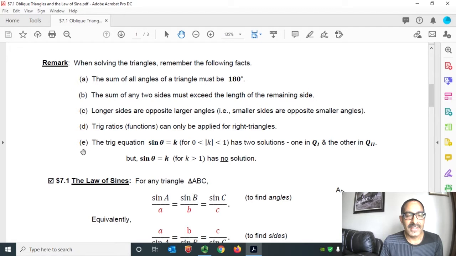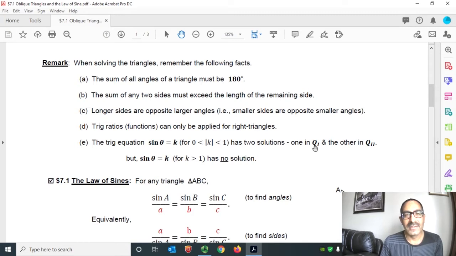Part E. The trigonometric equation sin theta equals k for k between 0 and 1 has two solutions. Solutions lie either in the first quadrant or in the second quadrant. We know the range of inverse sin theta is minus pi half to positive pi half, including both pi halves.